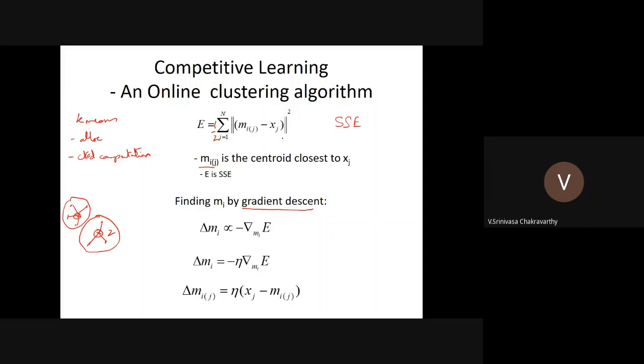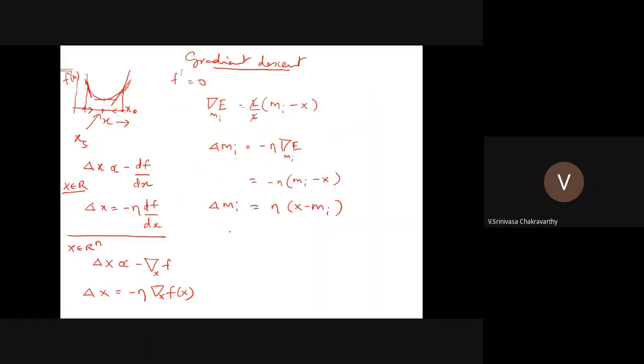So if I have two centroids, m1 and m2, and my data point here is x, I take the nearest centroid, which is m1, and apply this rule.